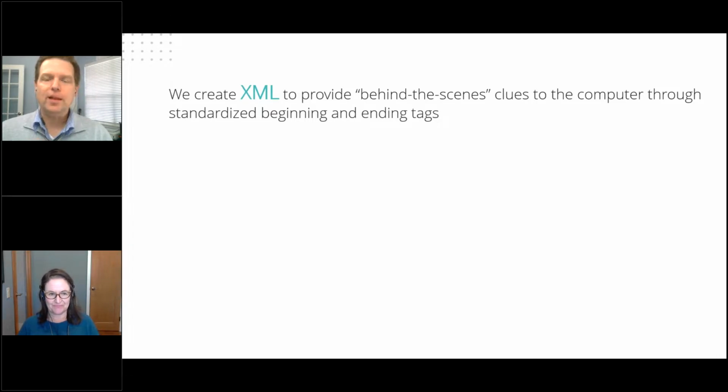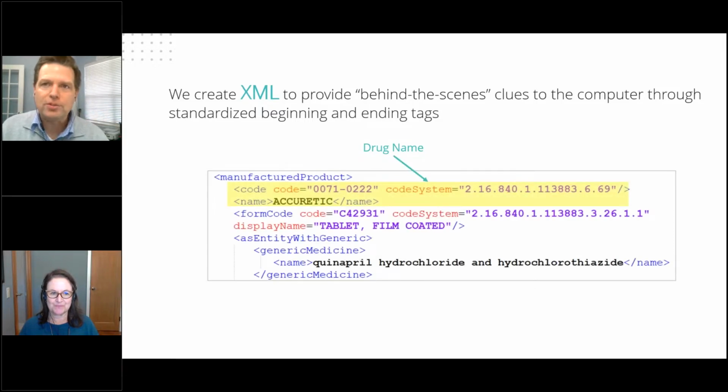And based on where it is in the document, might be the name of the drug, or this might be the generic name. So if you pulled out an XML file, we can say, here's the drug name. This is how it's laid out. And you can see there's a little tag there that says name, and then there's a little tag with a little slash mark in it. That tells the computer, hey, the name is over, right?